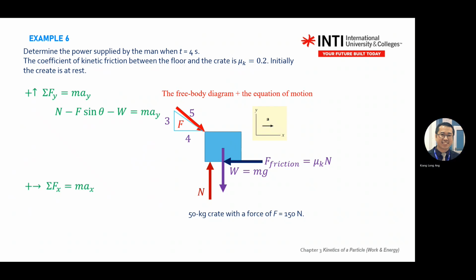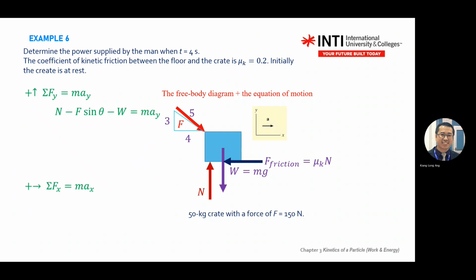0. Why 0? Nickel, why AX 0? AX 0 or AY 0? In this case, look at the kinetic diagram. AX 0 or AY 0? AY 0, why?